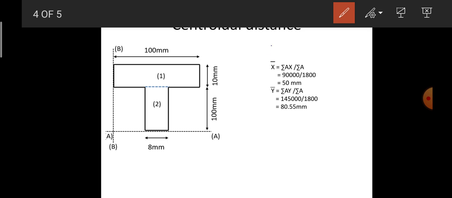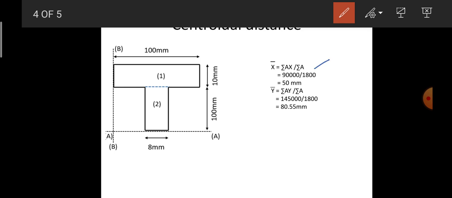Here x bar represents the centroidal distance in the horizontal direction for the overall T section, and y bar represents the distance of the centroid in the vertical direction for the overall T section. As we know, x bar is sigma AX by sigma A, and by this formula we can determine the horizontal distance.